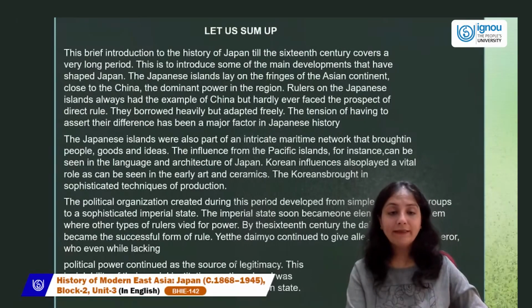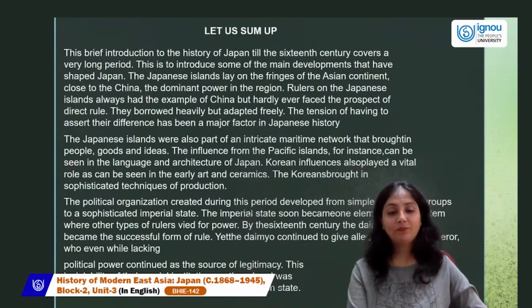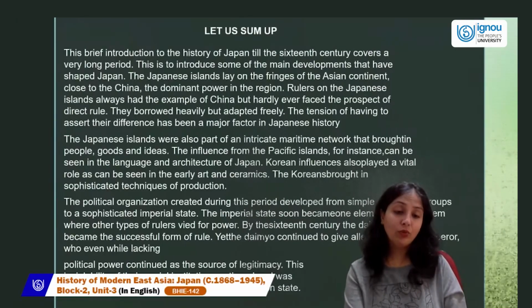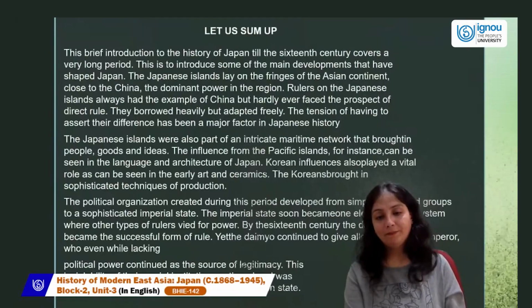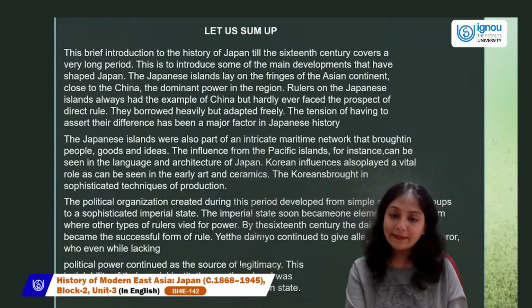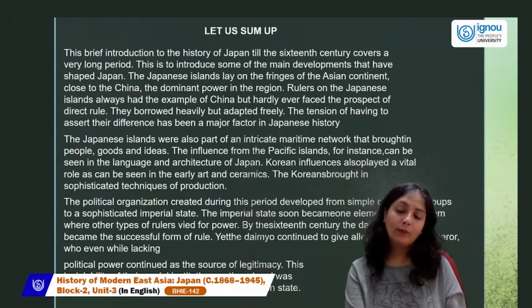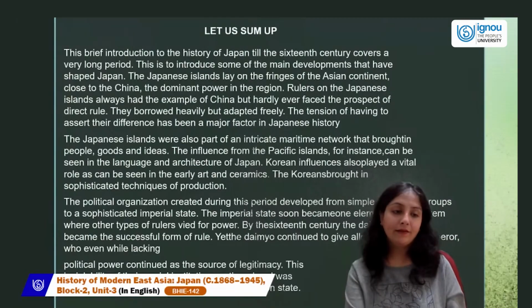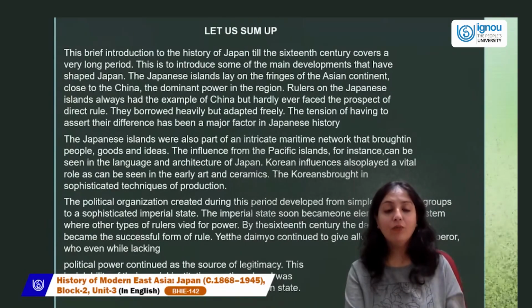The political organization created during this period developed from simple clan-based groups to a sophisticated imperial state. The imperial state soon became one element in a system where other types of rulers vied for power. By the 16th century, the daimyo, the big landlords, ruled their Han, which became the successful form of rule.